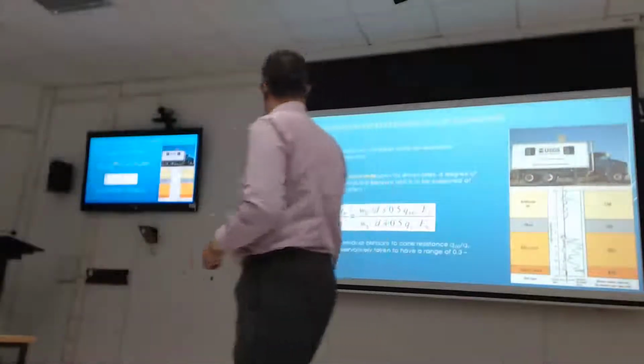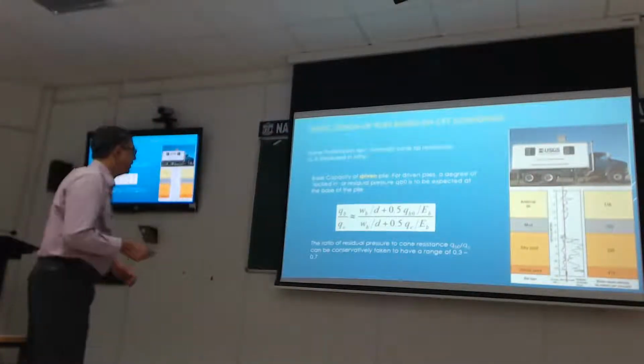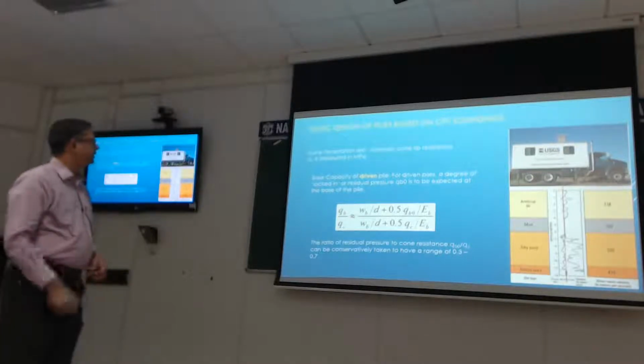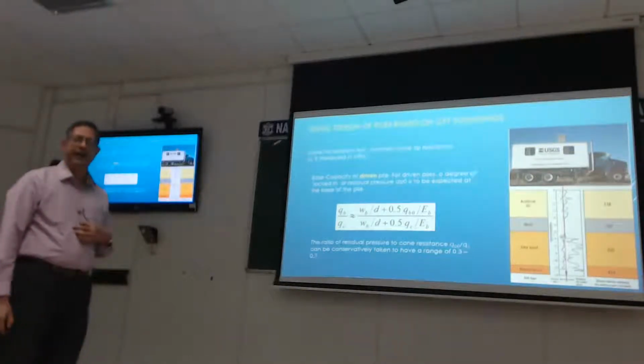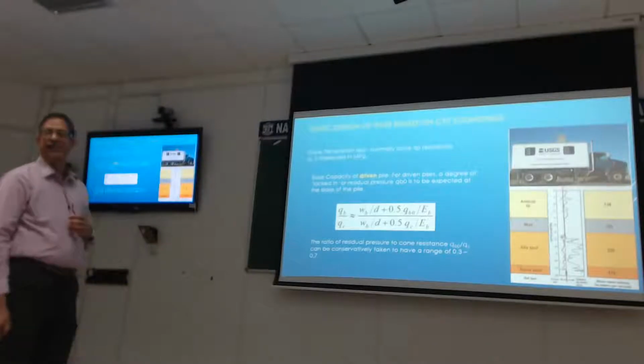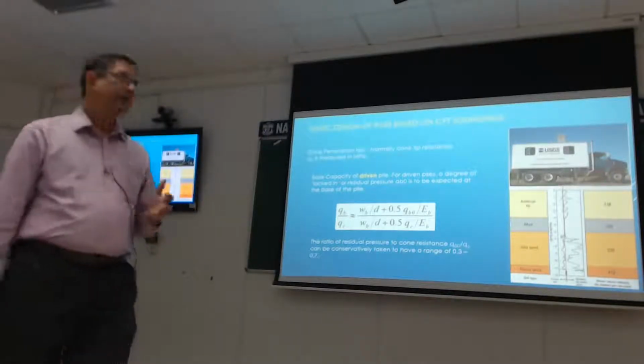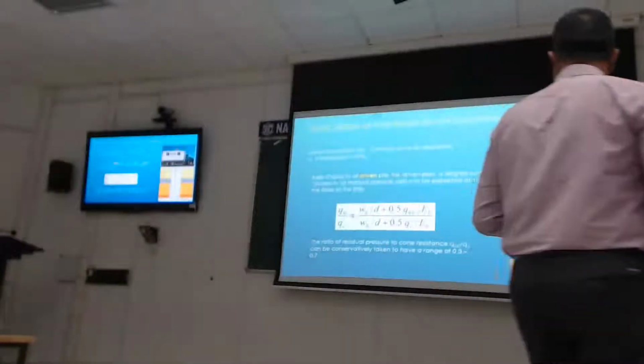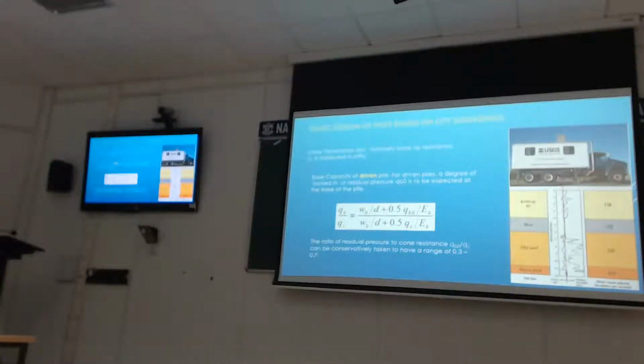Now, taking advantage of those two, they have proposed this QB0 over QC, mostly due to the work of Jardine and Chow. So again, linked to the displacement at the base, normalized to the diameter. And here, you also need this soil modulus, which is a bit of a nuisance because, A, we're not too confident in estimating the elastic modulus for a material that is going to flow like that.